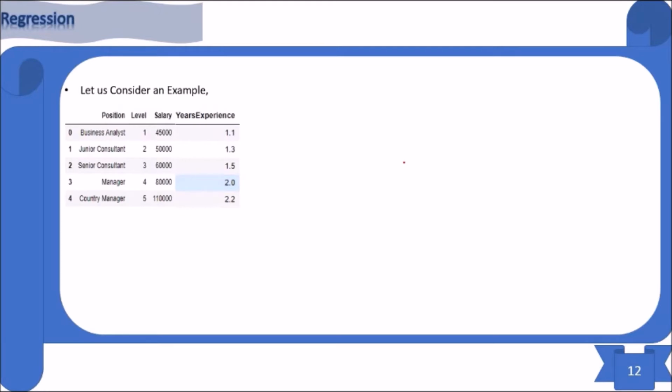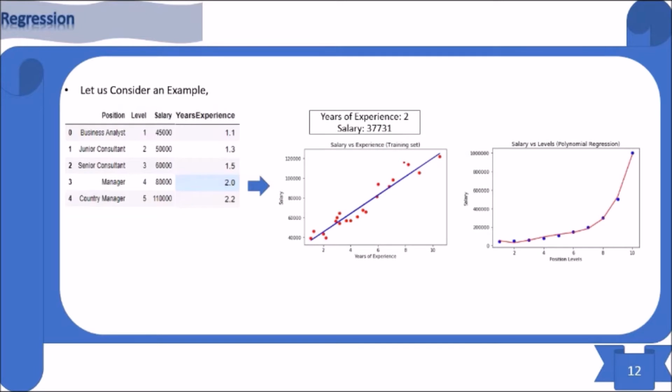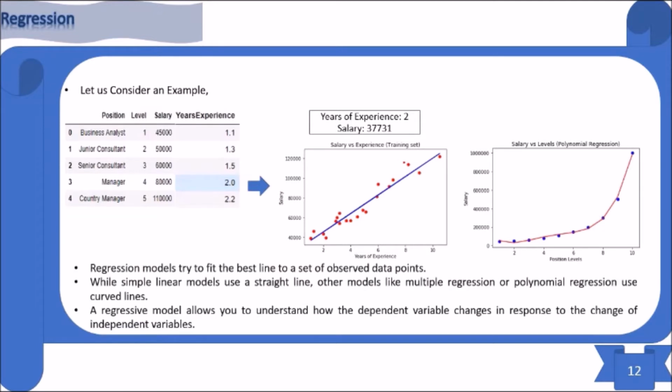So now let us consider an example. Here we have a data set with position, level, salary, and years of experience. With regression models, we try to fit the best line to the observed data points. According to the model, we draw a graph over here.